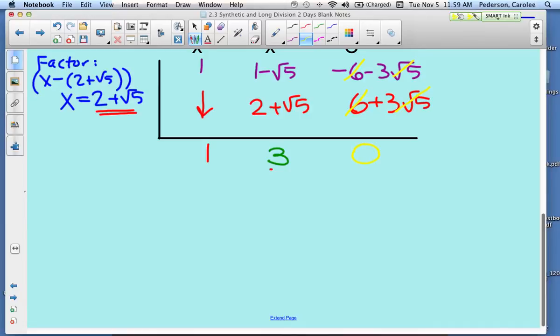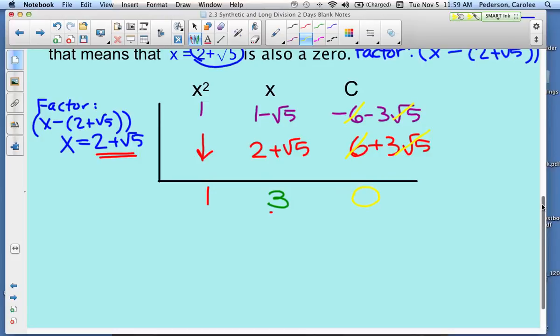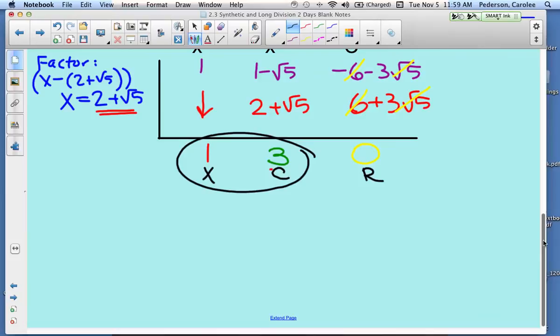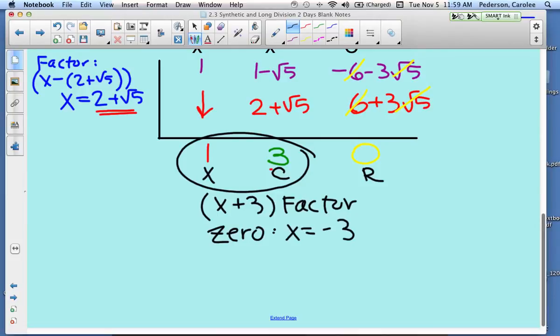So this is factorable. So now what we did is we took out another 0 at 2 plus the square root of 5. So we drop a degree. So now this is going to be an x. This will be your constant, and that will be your remainder. So that's our last factor of x plus 3 is a factor, or as a 0, it would be x equals negative 3.